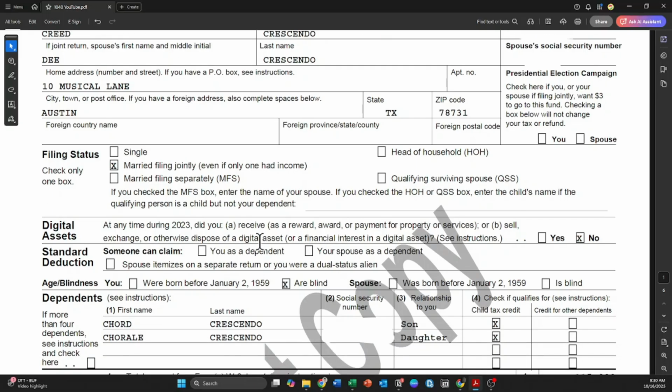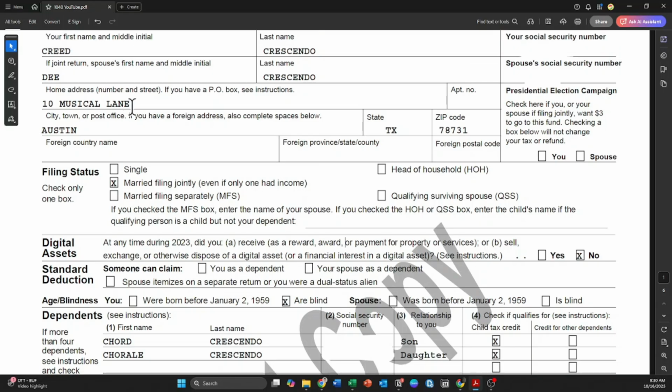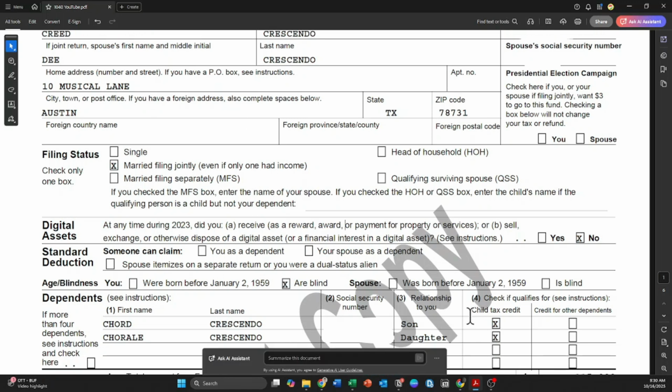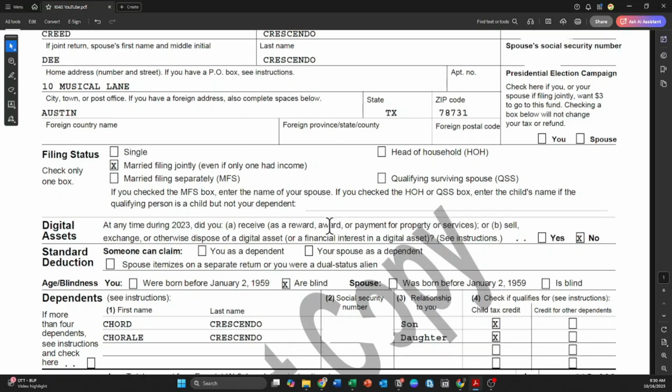This next question here is related to the standard deduction. Basically this would be if someone can claim you or your spouse as a dependent. In this case, I don't know how old they are, but I'm imagining they're probably in their 40s or 50s because as we can see, they have kids, maybe in their 30s or 20s. Obviously no one can claim them as a dependent, so we don't have to worry about that.